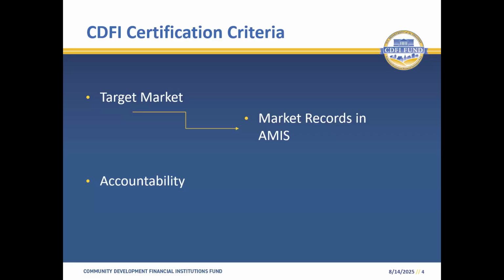Please note here, and this will be relevant later in this tutorial, if applicable, entities must also create CDFI certification market records in the AMIS account for each affiliate or other entity relevant to its CDFI certification collective review to represent the presented collective review market components in connection with the target market and accountability test for a collective review entity.